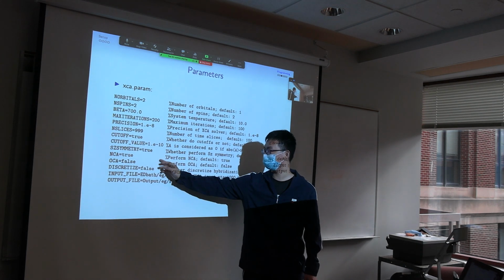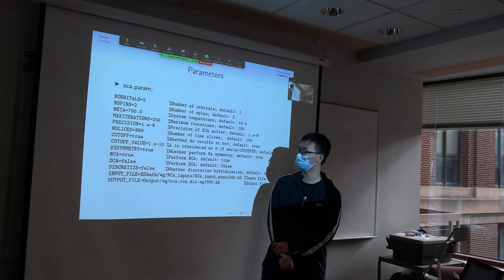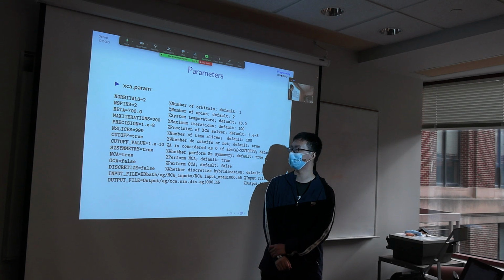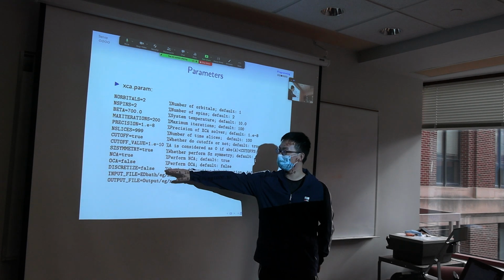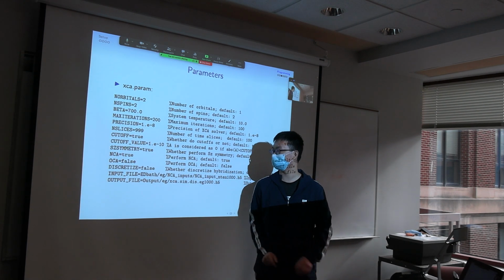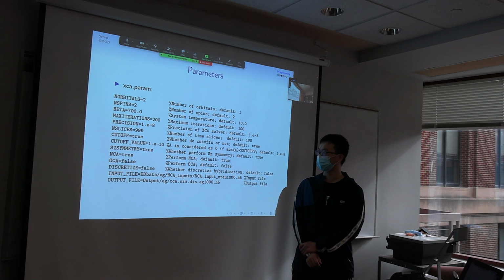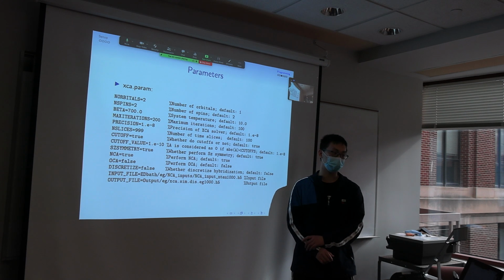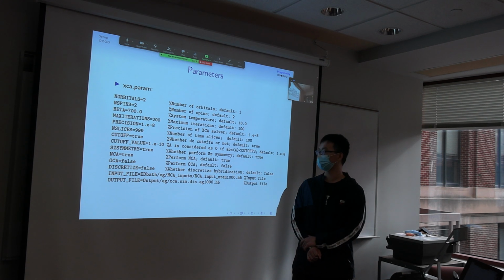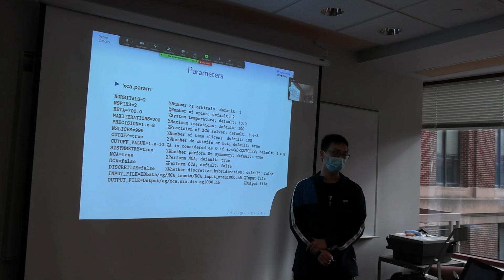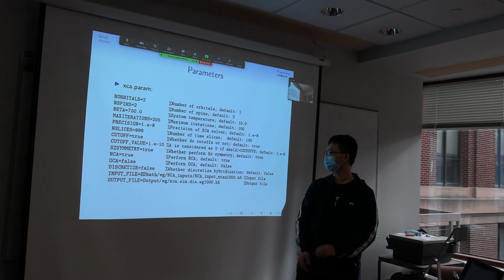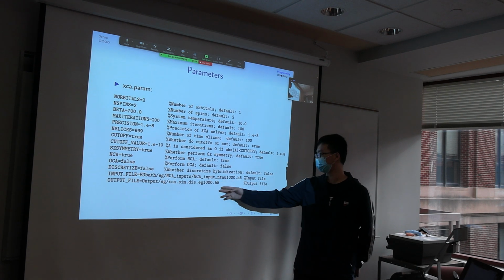And this is just whether we choose to run NCA or OCA. This parameter, discretized, means whether we need to discretize the bath. If it is false, then the input should be the delta function directly. If it is true, the input is epsilon k and V k. And finally, the input and output files here.